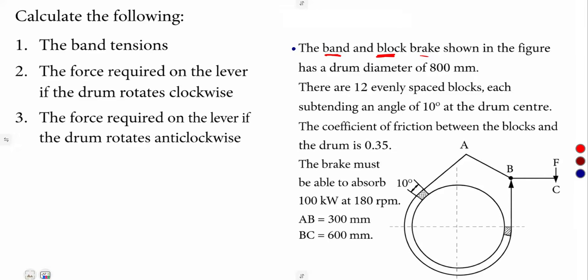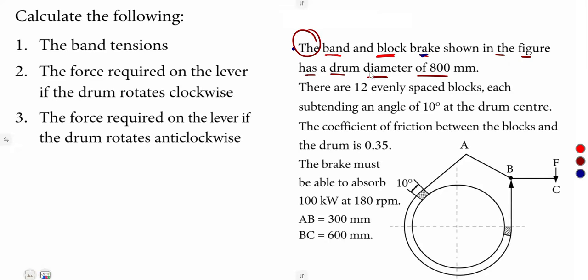Let us consider this question based on the band and block brake. We are given that the band and block brake shown in the figure has a drum diameter of 800 millimeters.